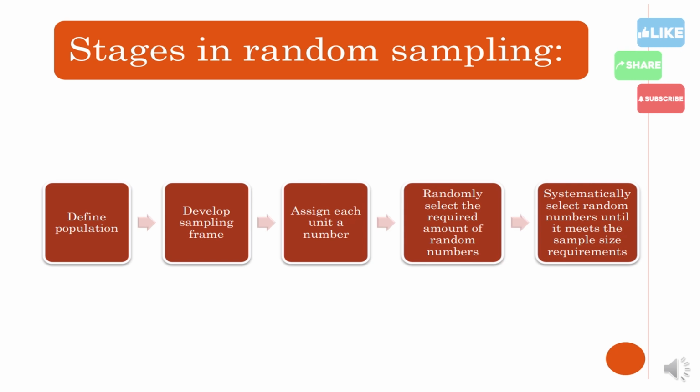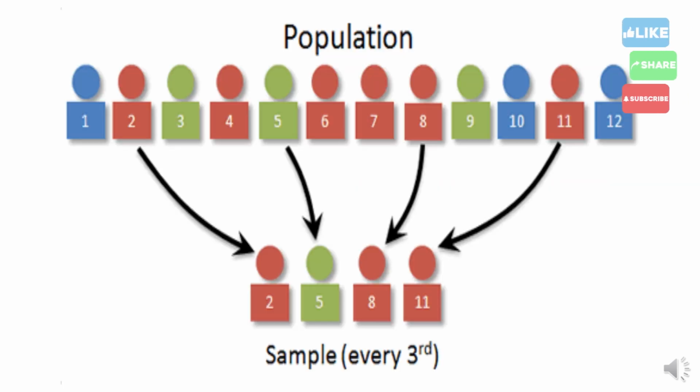Now, what are the stages in random sampling? We define the population, then develop the sampling frame, and then assign each unit a number. Then we randomly select the required amount of random numbers, and the last is to systematically select random numbers until it meets the sample size requirements.